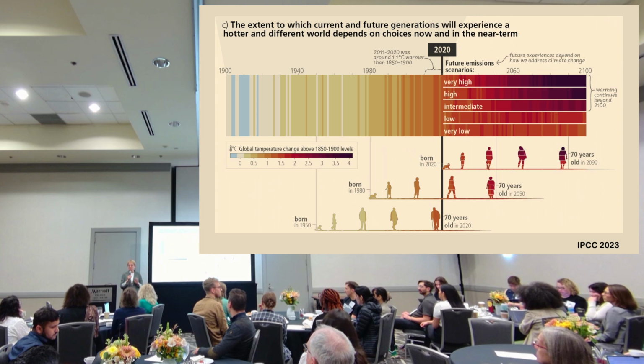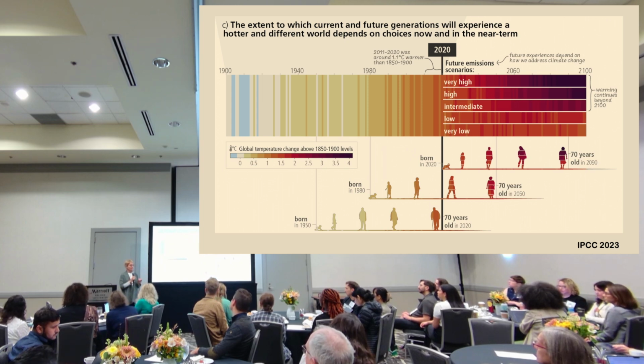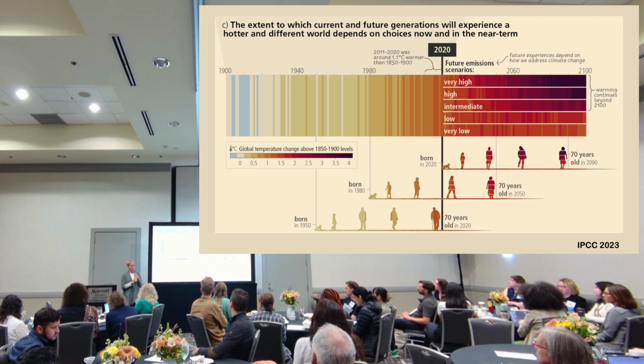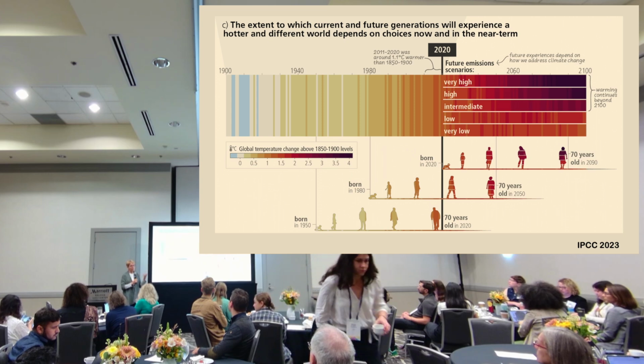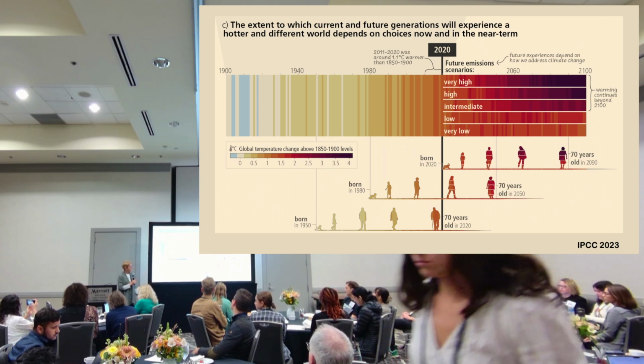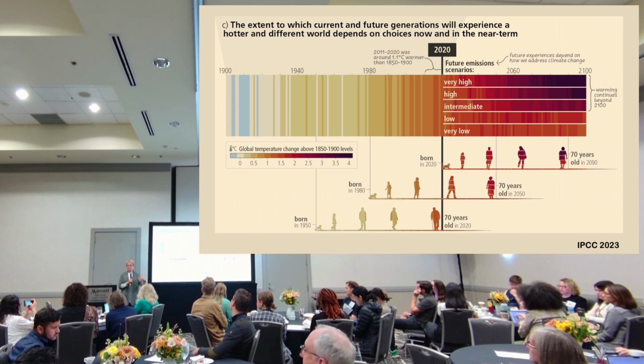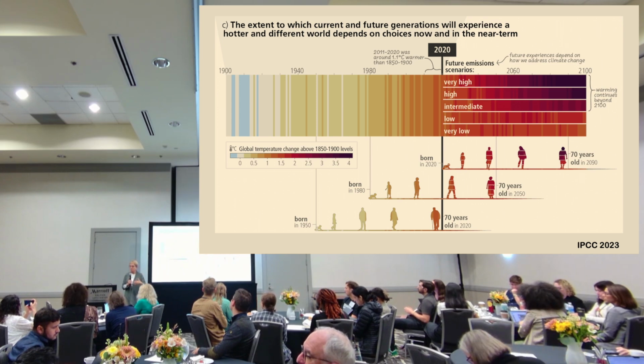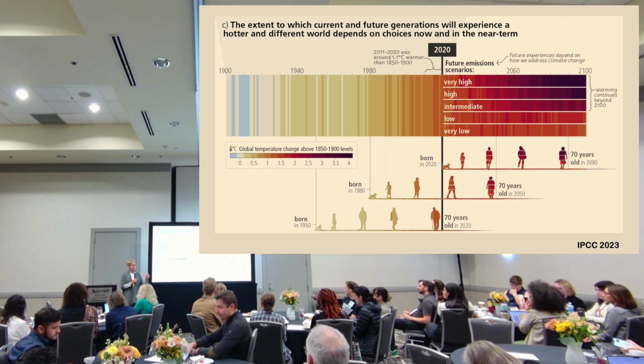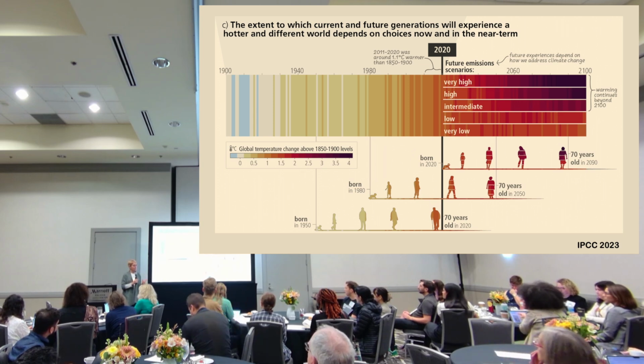It shows you that depending on when you're born, how different the experiences are going to be. And this continues to be the most downloaded figure from the synthesis report and from the IPCC cycle. It helps give a sense, as you're doing your reporting, that what we're experiencing today is a mix of people who have different life course experiences.